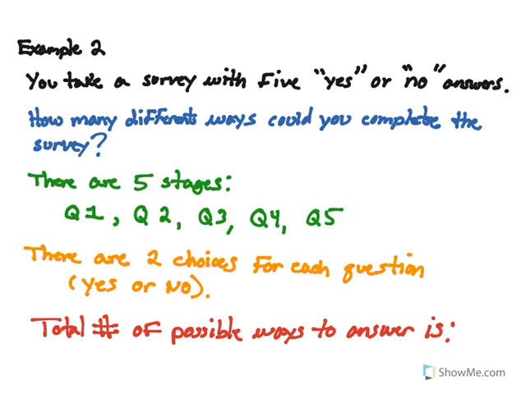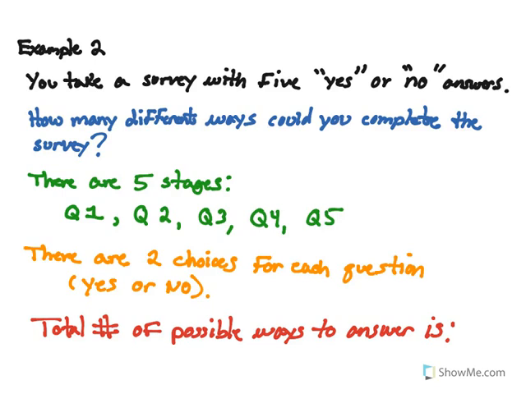So there are 5 stages or 5 steps, right, that you have to complete. You have to complete question 1, 2, 3, 4, and 5. What I mean by complete is you have to answer them. All right? So there are 5 questions. We said each question has how many choices?